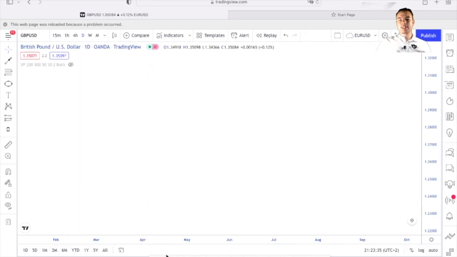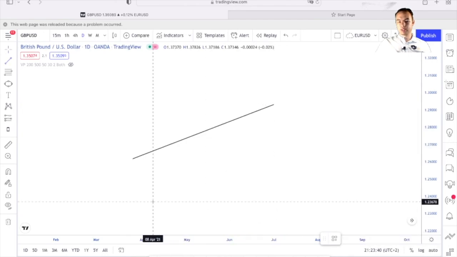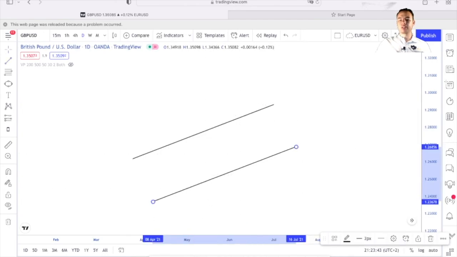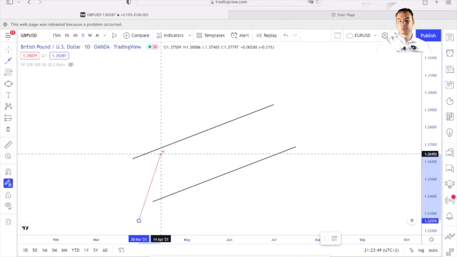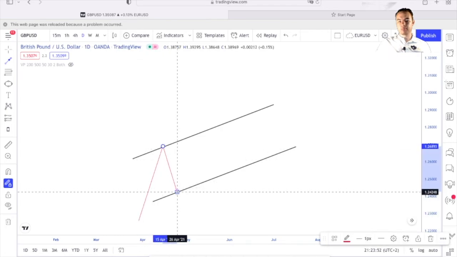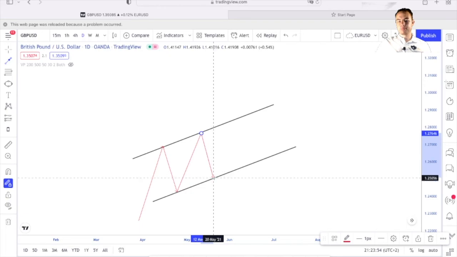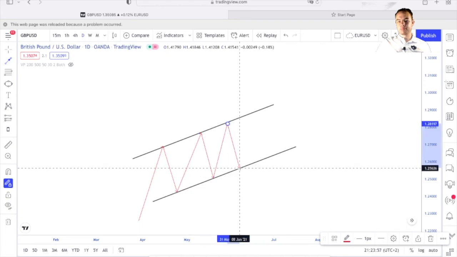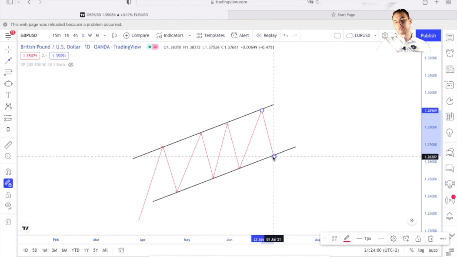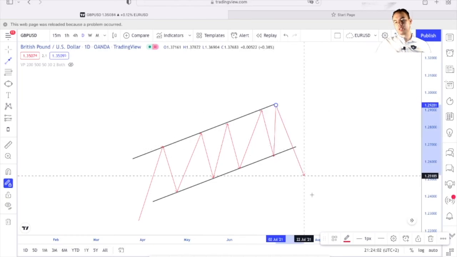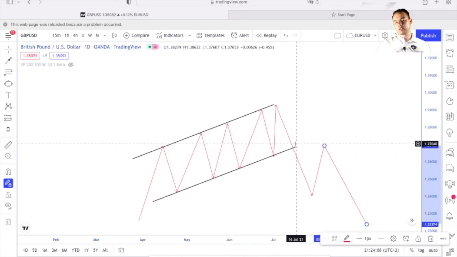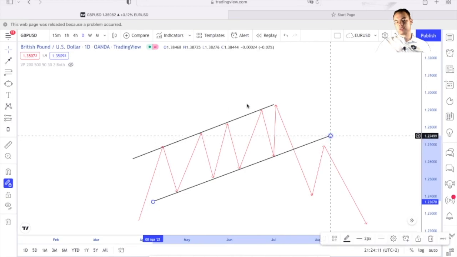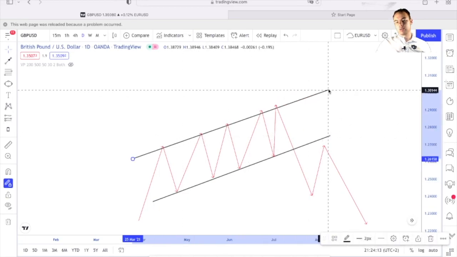An ascending trend channel is the same as an ascending trend line. It's just in a channel like this. So price will basically come there, come like this, up until the point it either breaks below, retests, and you sell.